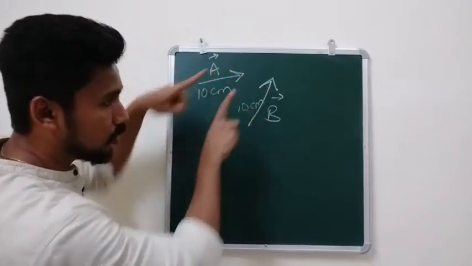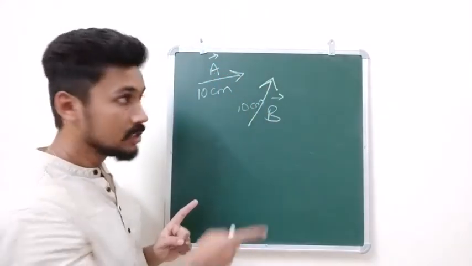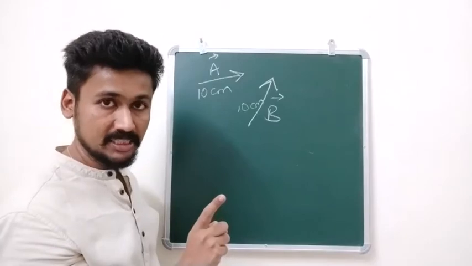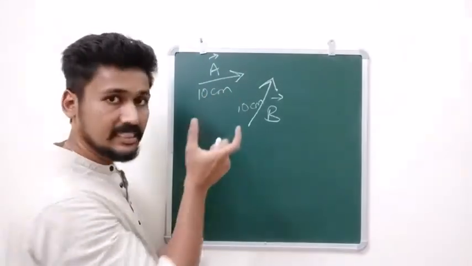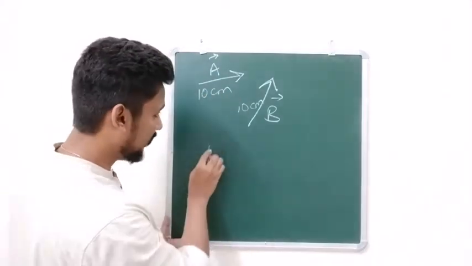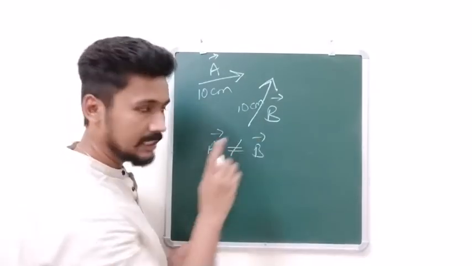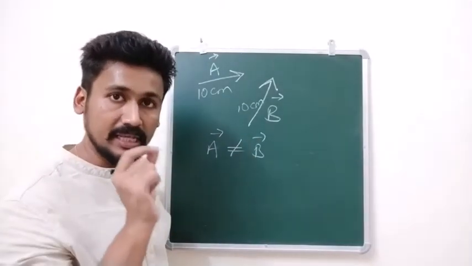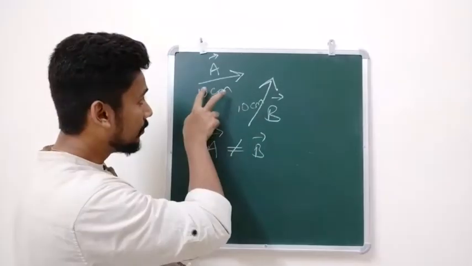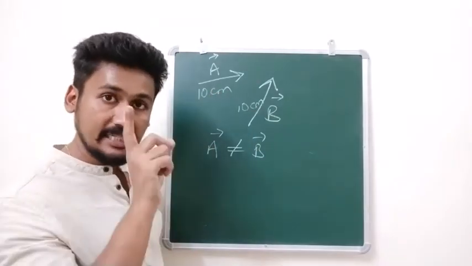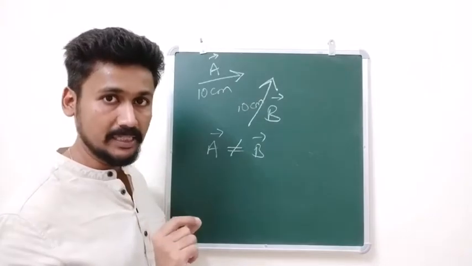So that means they are not in the same direction. Correct? So because they are not in the same direction, even though they are having the same magnitude, we will say that vector A is not equal to vector B. Okay. For equality of vectors, the magnitude should be the same as well as the direction.